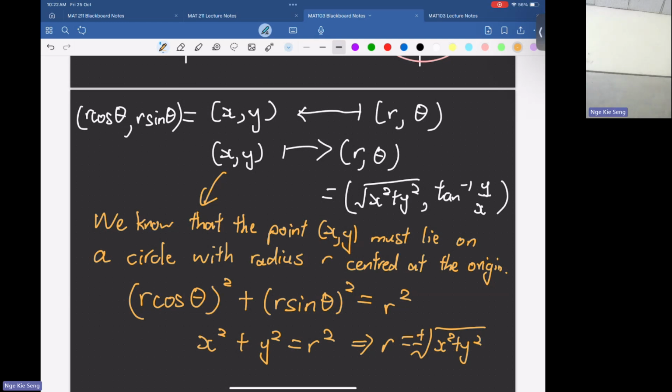How about the angle? How to figure out the angle? Is that how you come up with this tangent inverse?